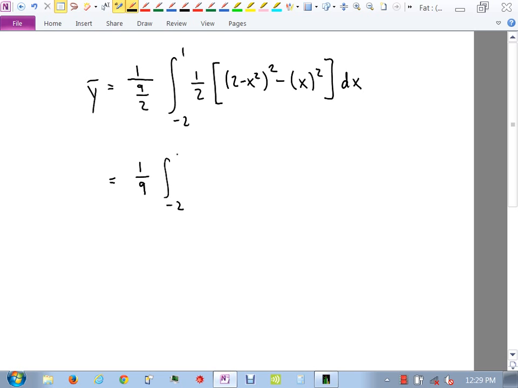Integral -2 to 1. Expand this out. So I did my expansion, right? I did my little foiling on this thing. Got those three terms. I can collect some like terms together there if I want.